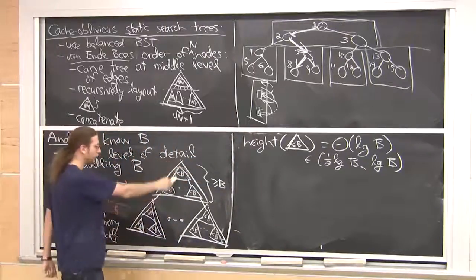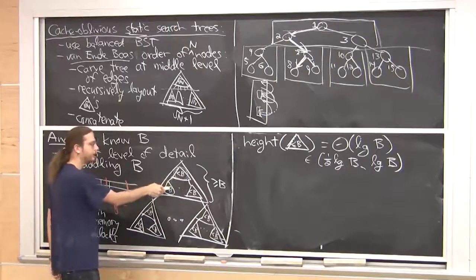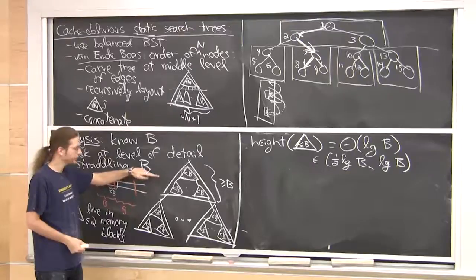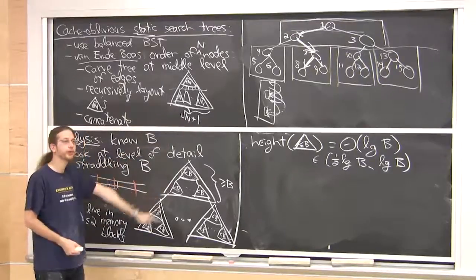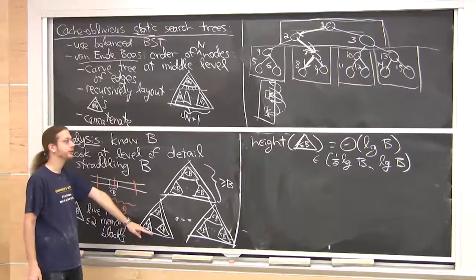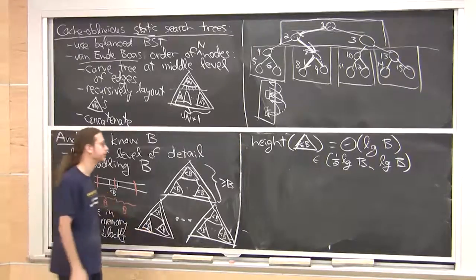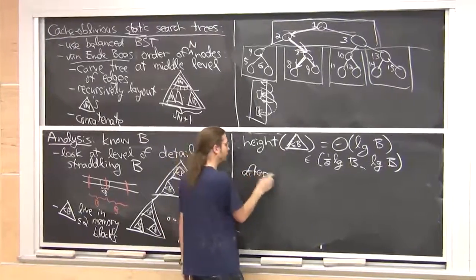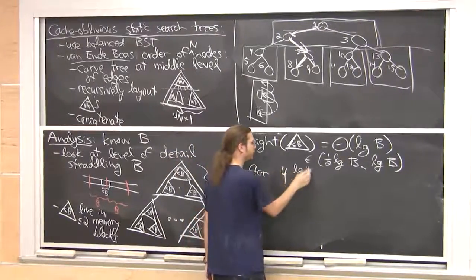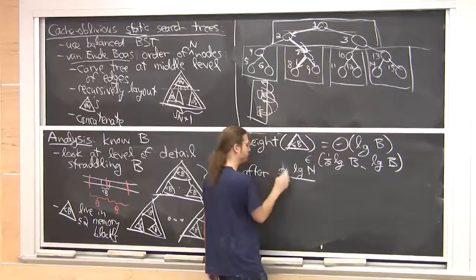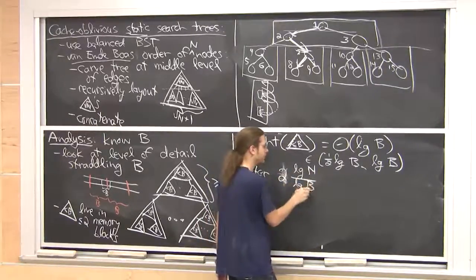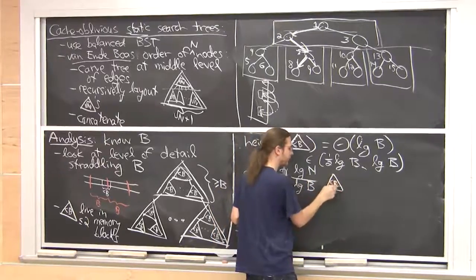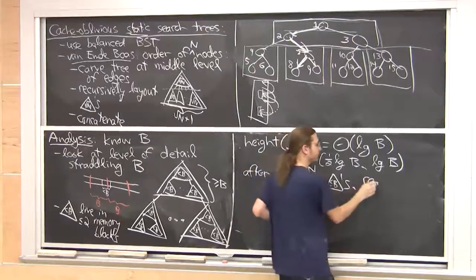So if we look along a root to leaf path, each of these things we visit, we make a vertical progress theta log b. And the total vertical progress we need to make is log n. And so it's log n divided by log b. I guess 2 log n over log b triangles until we reach a leaf.